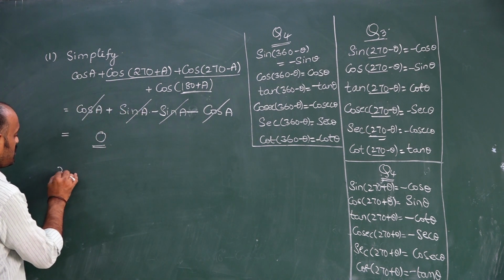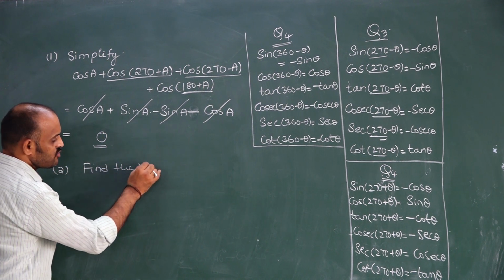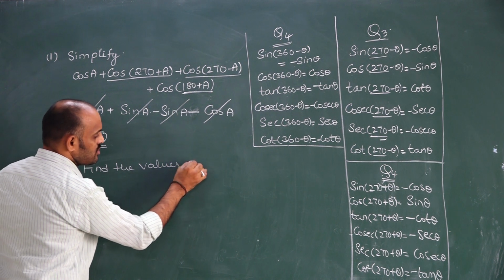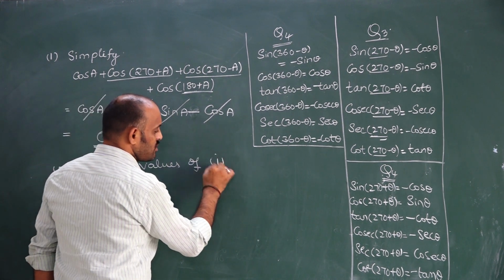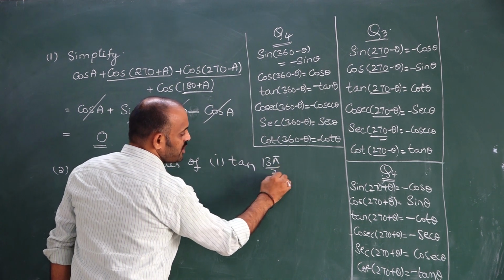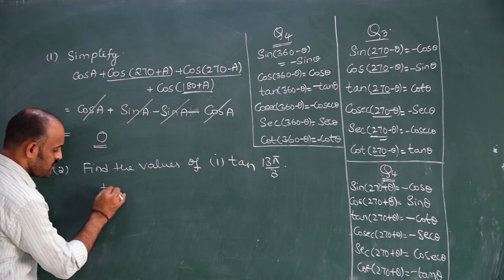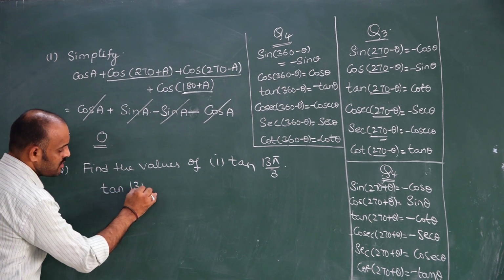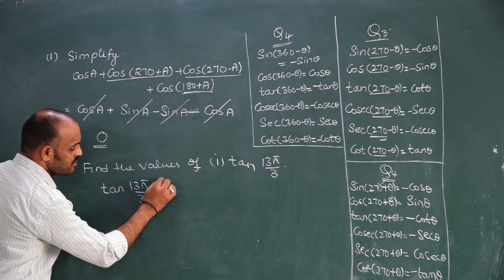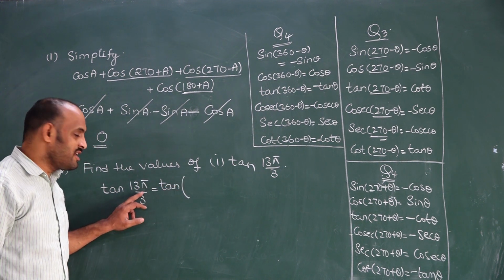Now, find the values of tan 13 pi by 3. Here pi is in radians.